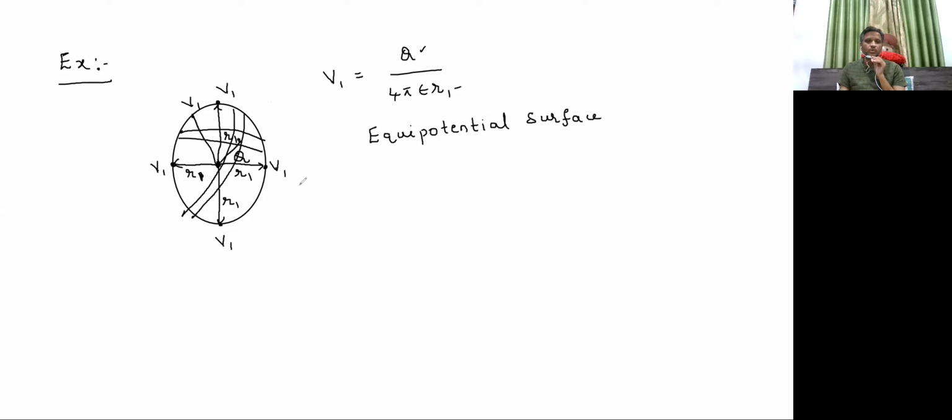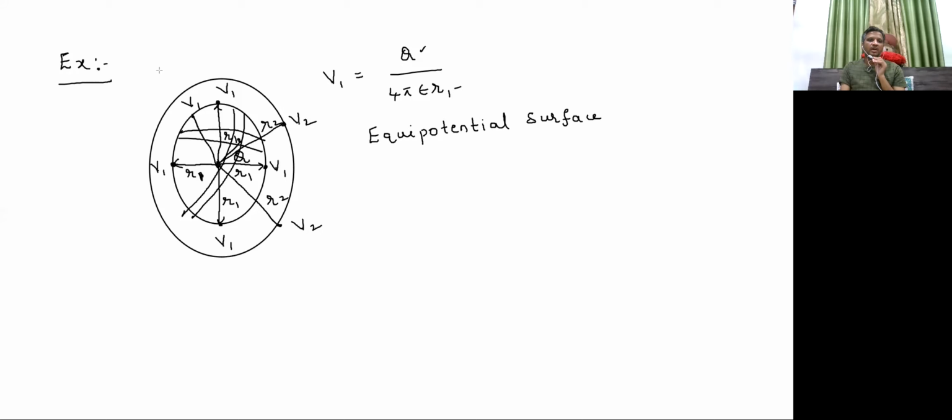But you don't get just a single surface here, you will be getting concentric spheres. It's not a circle, sorry, it's a sphere. And if you take one more sphere like this, the distance from here to here is r2, and the distance from here to here is also R2, and the value here will be V2, and the value here will be V2. So this is another equipotential surface.